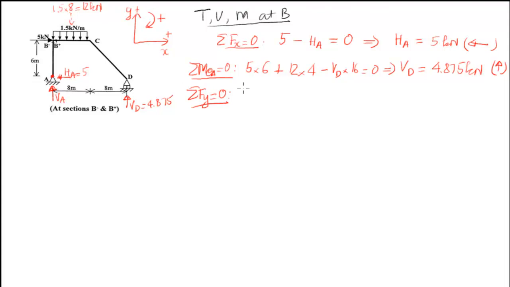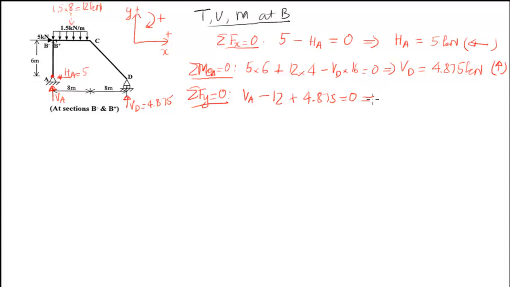Now VA goes upwards, so it will be positive VA here, okay, and 12 goes down, so negative 12, and positive 4.875 equals 0.